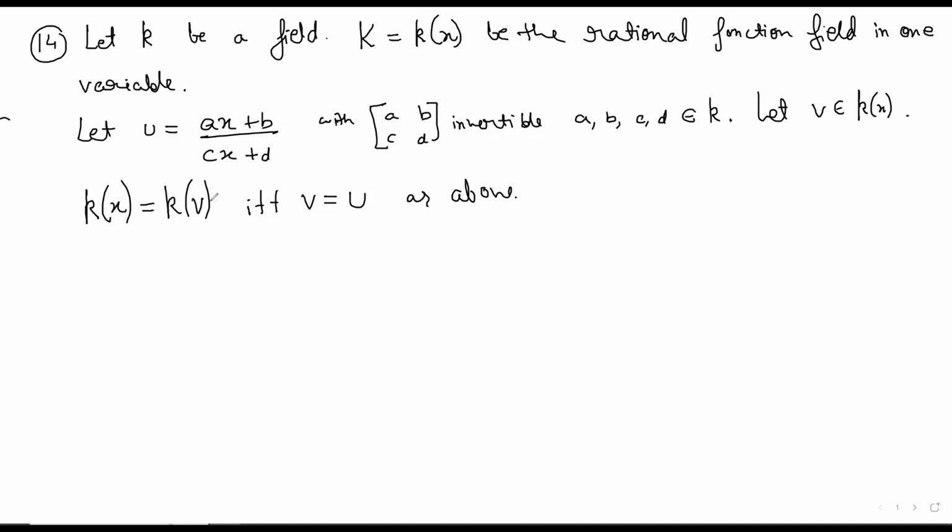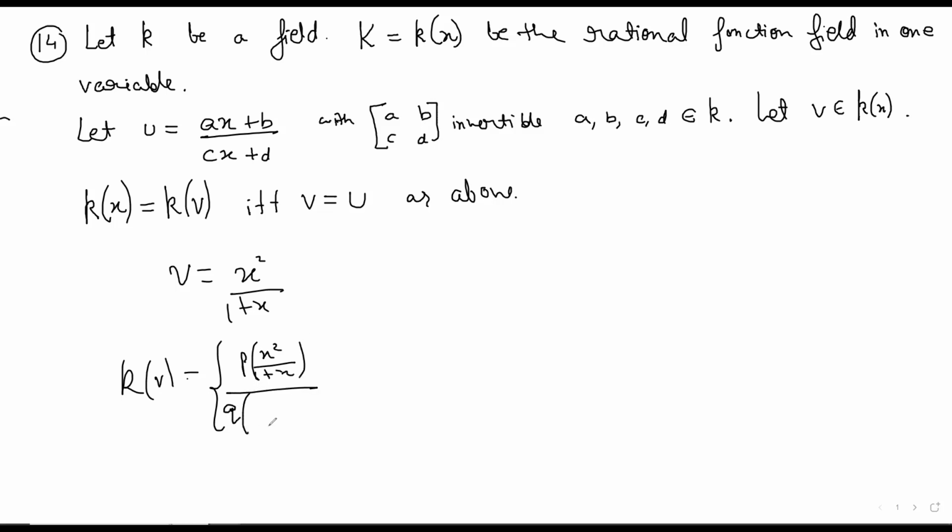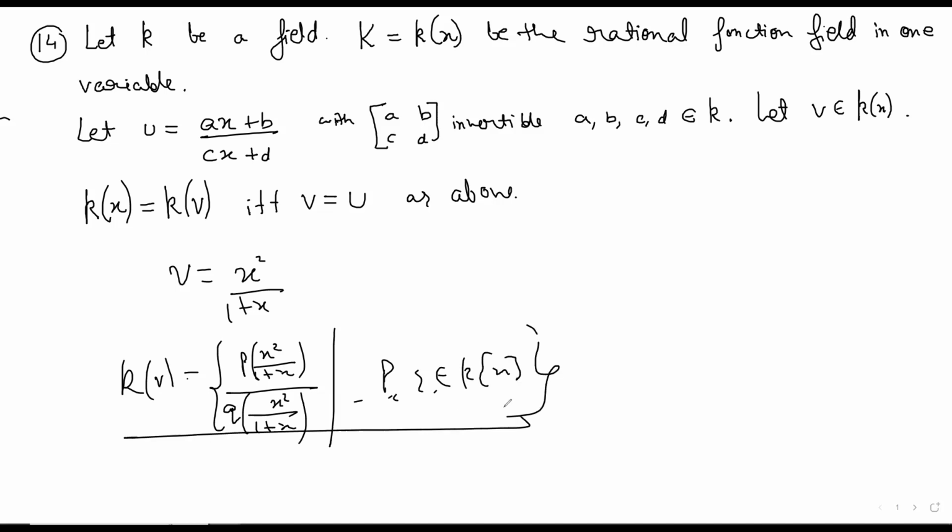So, for example, you may choose v to be x square by 1 plus x. Correct. Then what will k(v) be? It will be rational functions in that, where whatever p and q are in k.